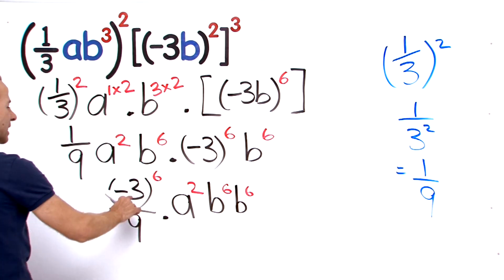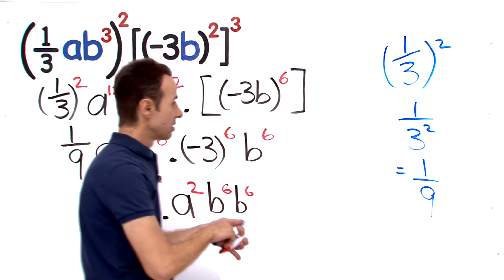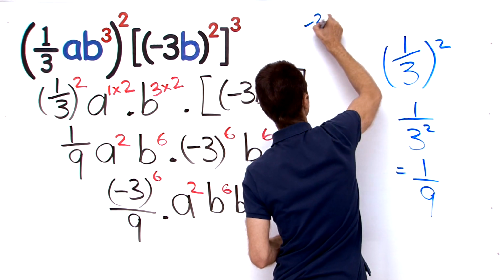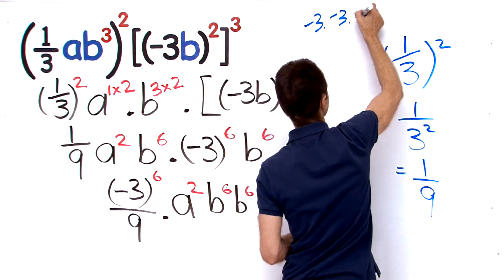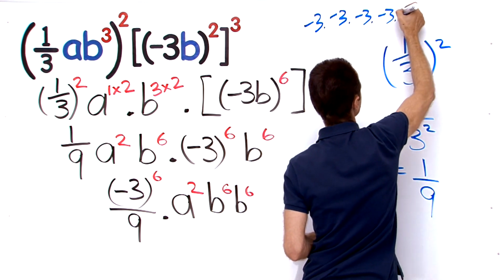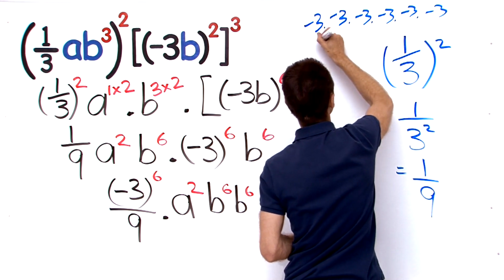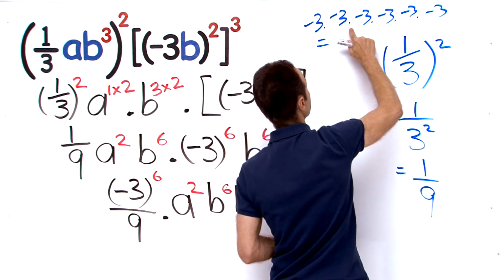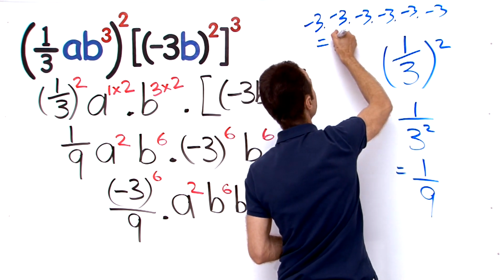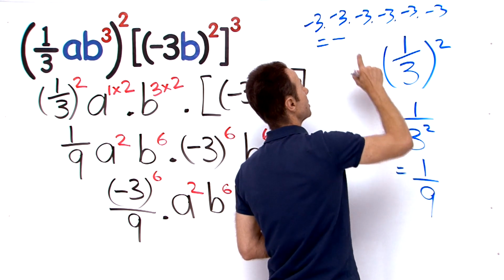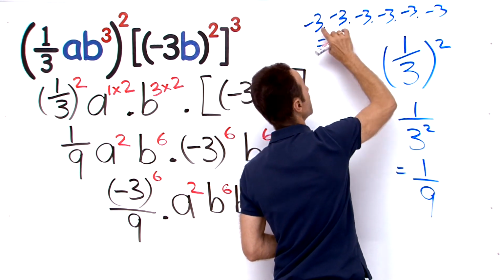Okay, so negative 3 to the power of 6, what's that? That's negative 3 times negative 3 times negative 3 times negative 3 times negative 3 times negative 3. 1, 2, 3, 4, 5, 6. Is it going to be a negative or a positive? It's going to be a positive because it's an even number.